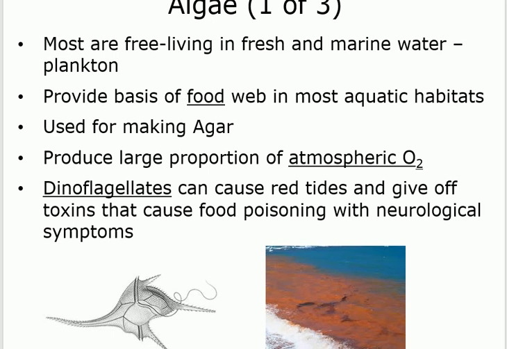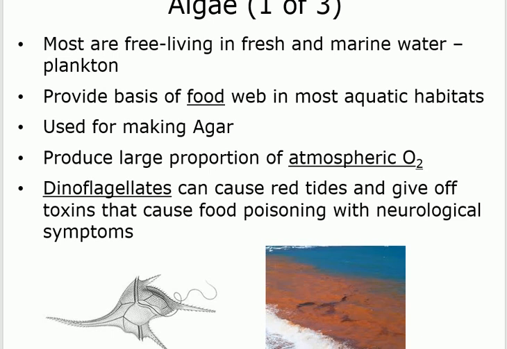If you look at this picture right here, sometimes you see red tides on the surface of the water. This is called dinoflagellates. Looks like this picture here. So remember this name. If you see the red tides, look at the water and you see it getting reddish, and you're wondering, what is this?